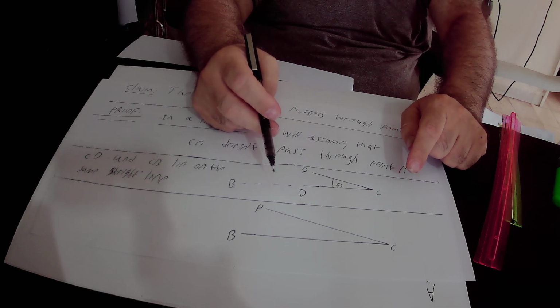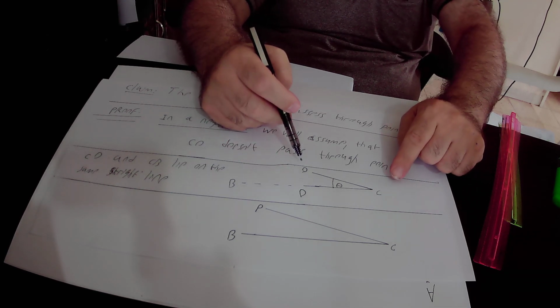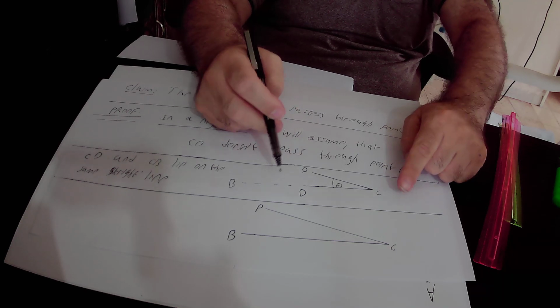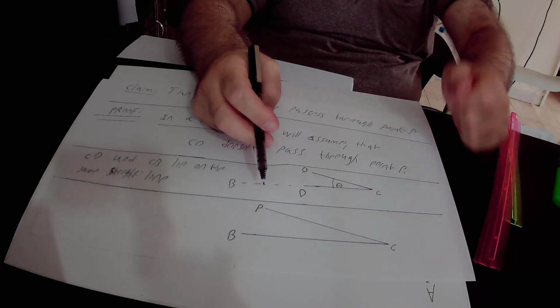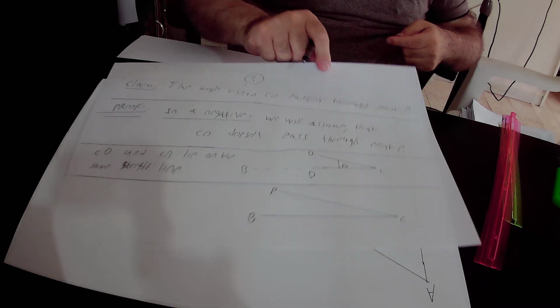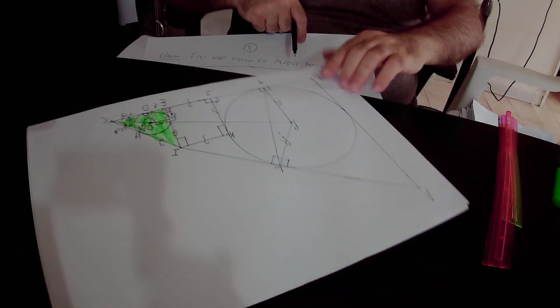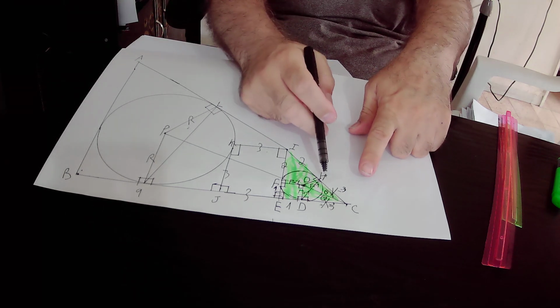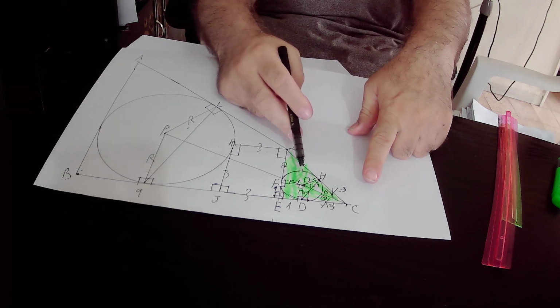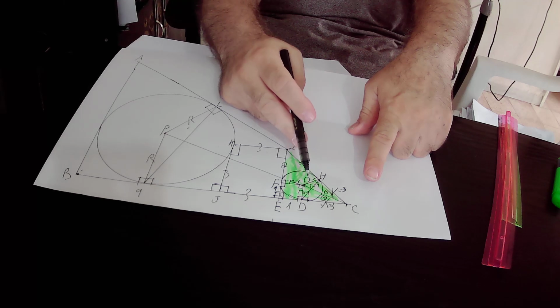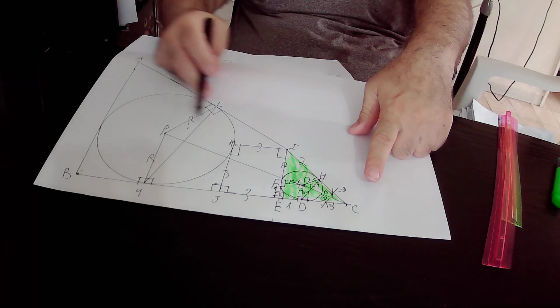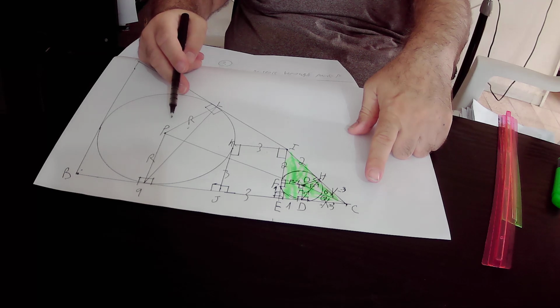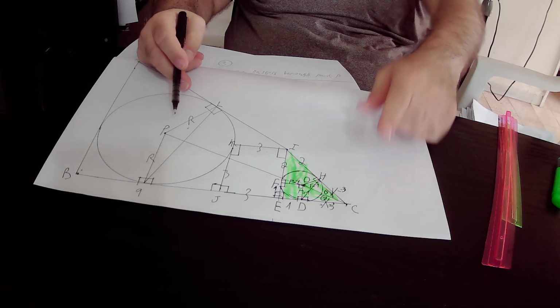But what about the second leg? Here we have the second leg of the two angles, that is leg CO in angle OCD, and leg CP in angle PCB.